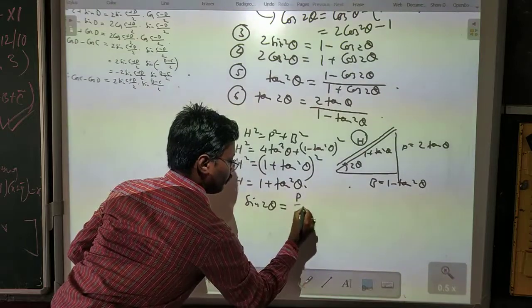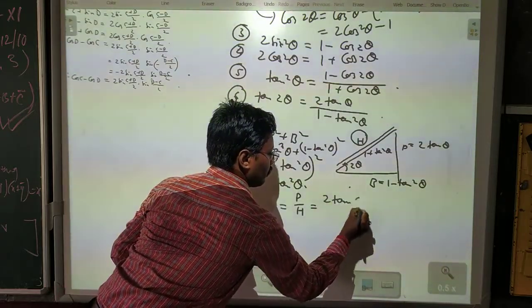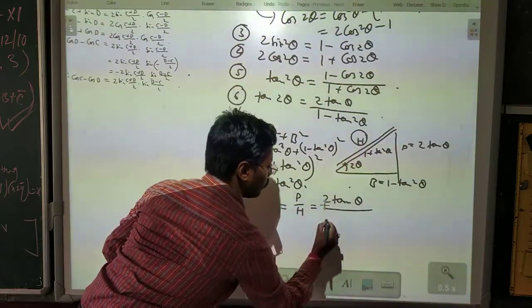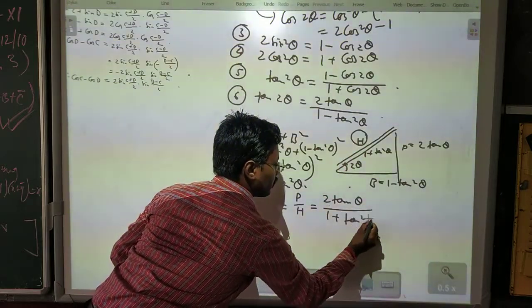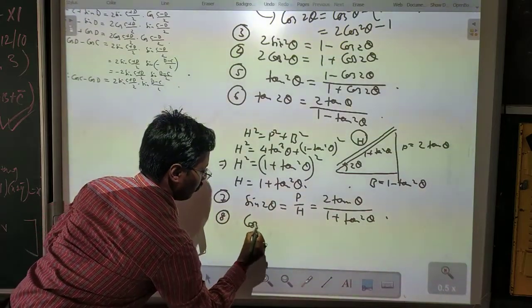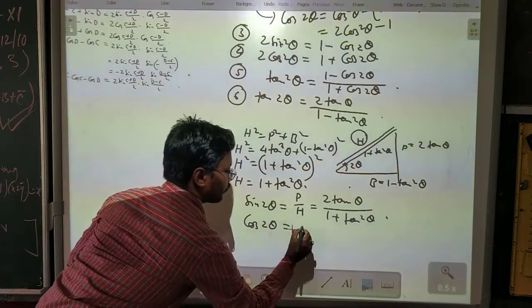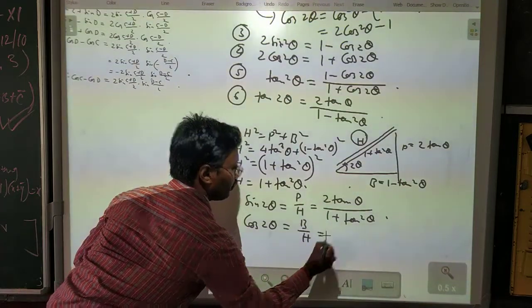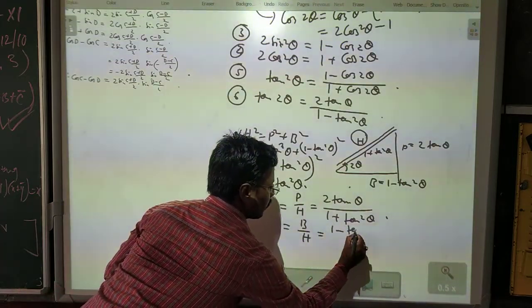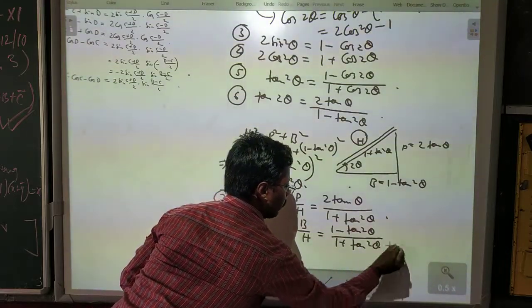The formula is p by h, perpendicular is 2 tan theta and h is 1 plus tan square theta. And also we can get the other formula of cos 2 theta. It is b by h. So 1 minus tan square theta by 1 plus tan square theta.